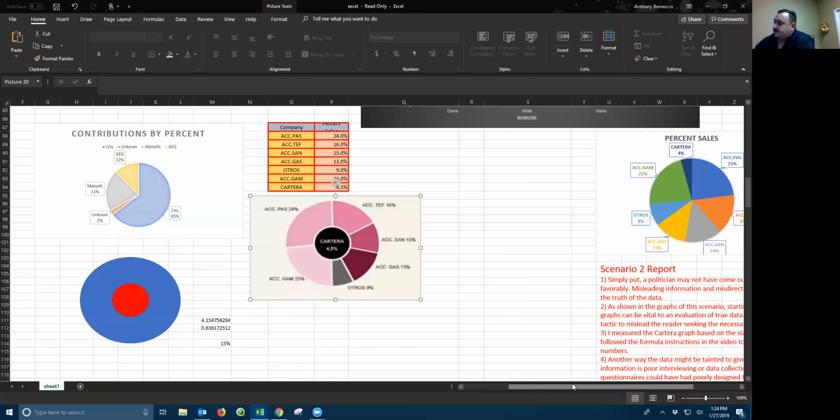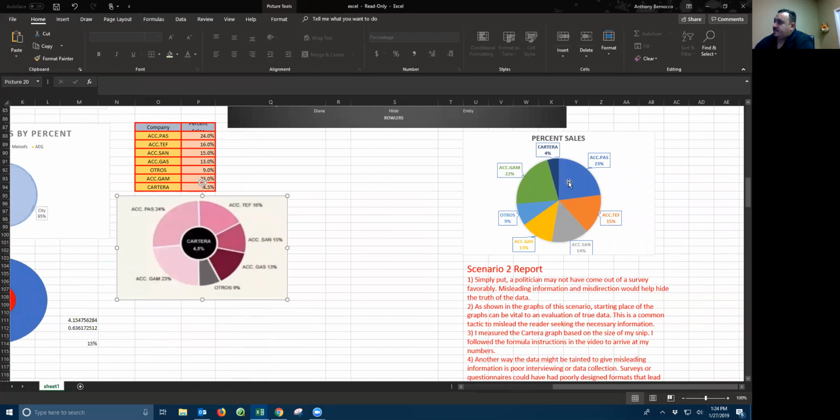Here's another graphic. If they were put into a pie chart, they would have the smallest sliver. So they're just trying to misguide the viewer into thinking that they contributed more than they actually did.